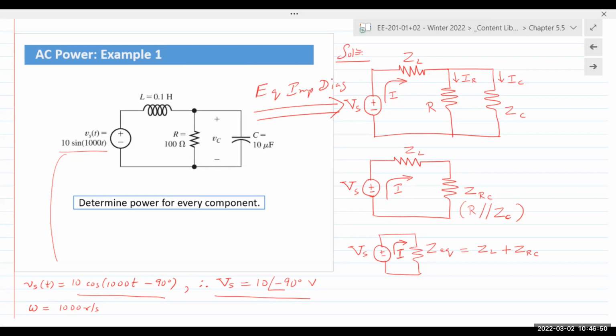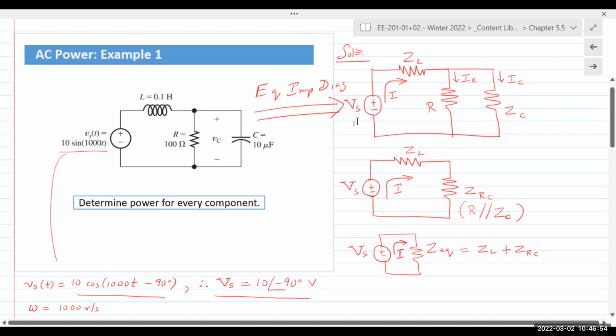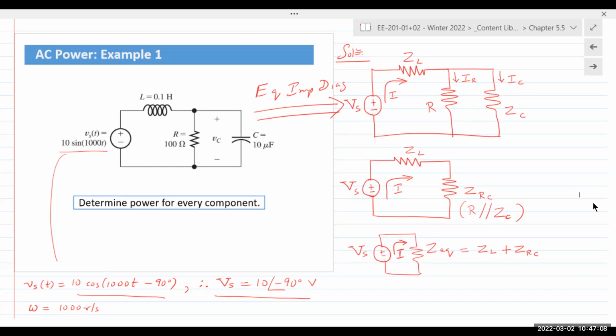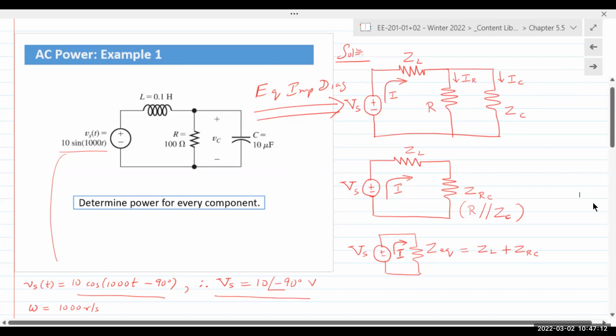Vs of t is represented by the phasor Vs. L is represented by ZL, R with R, and C with ZC.